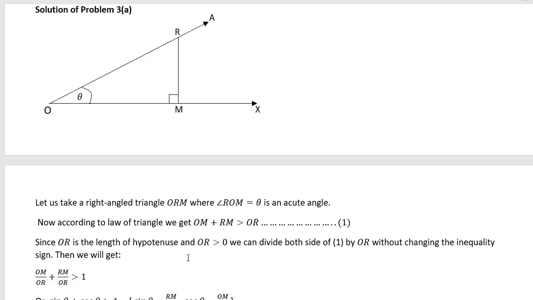So we have divided this inequality by OR, because OR is greater than 0, and by dividing by OR, we will get OM by OR plus RM by OR is greater than 1.